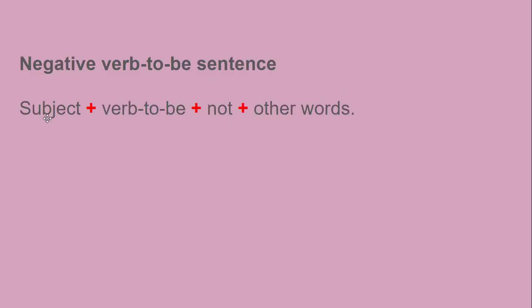You have the subject, and then after the subject, you put the verb to be, and then after the verb to be, you put the not to indicate that it is a negative sentence. And then after that, you can put other words.